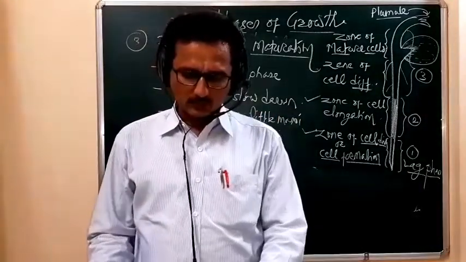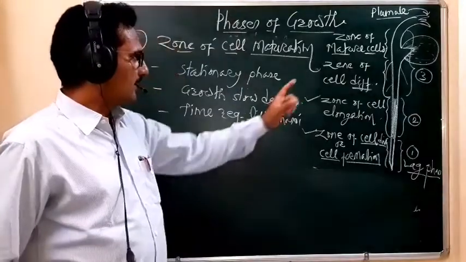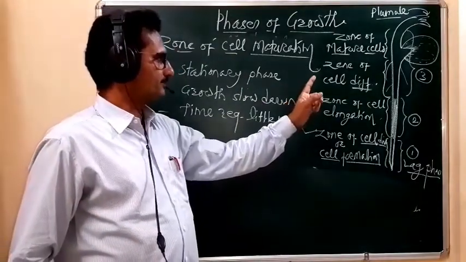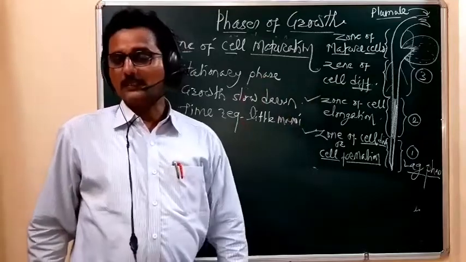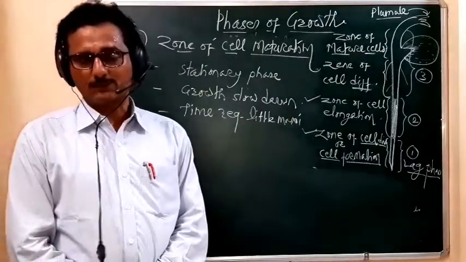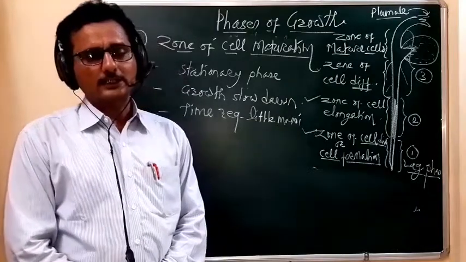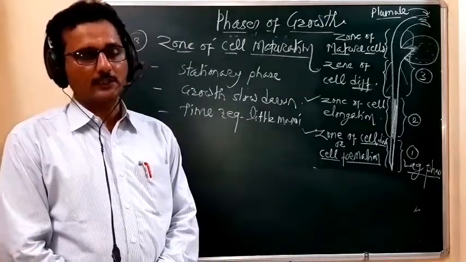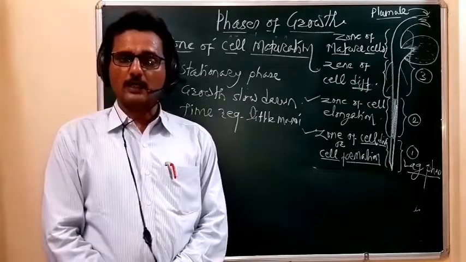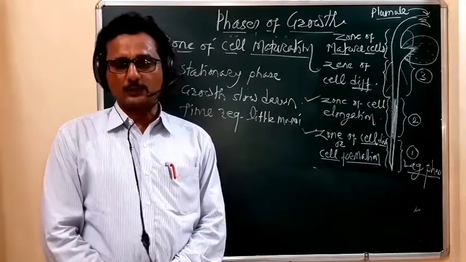So remember, student, in the zone of cell maturation, the cells get mature. First all the cells get differentiated, and it is followed by the cell maturation.